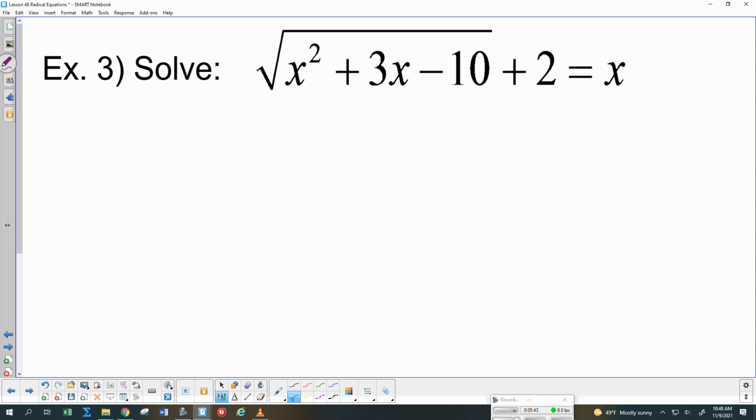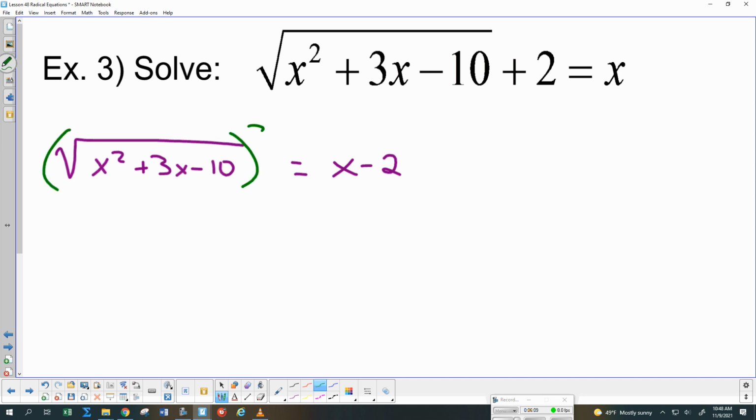Okay, how do I start? Anna. So the square root of x squared plus 3x minus 10 is, oh, this is weird, x minus 2. So far, so good? Okay, it's weird, but what did we say our next step is? Square both sides, which means square undoes the square root. So the left is just x squared plus 3x minus 10.